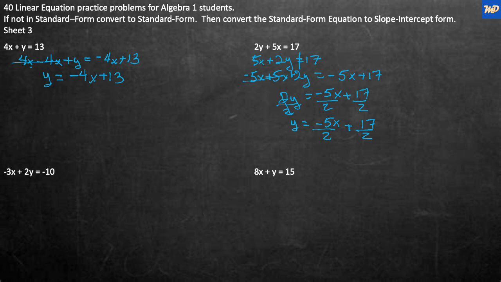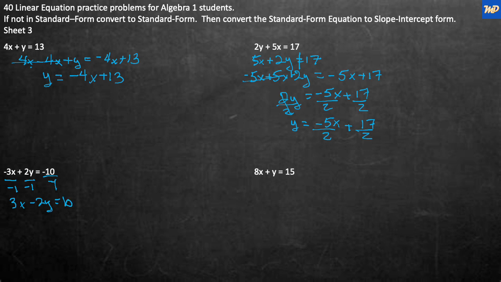In doing that, the negatives will cancel. We'll end up with 3x, and we have a negative 2y, because the positive y was converted to negative because we divided by a negative. And that equals negative 10 divided by negative 1, which is 10.